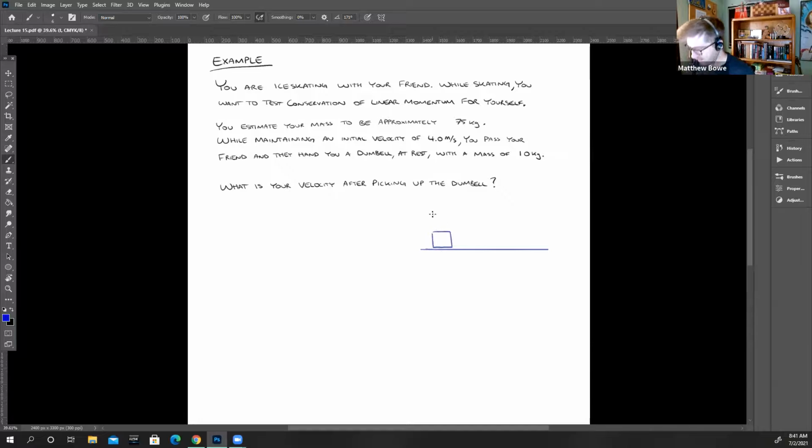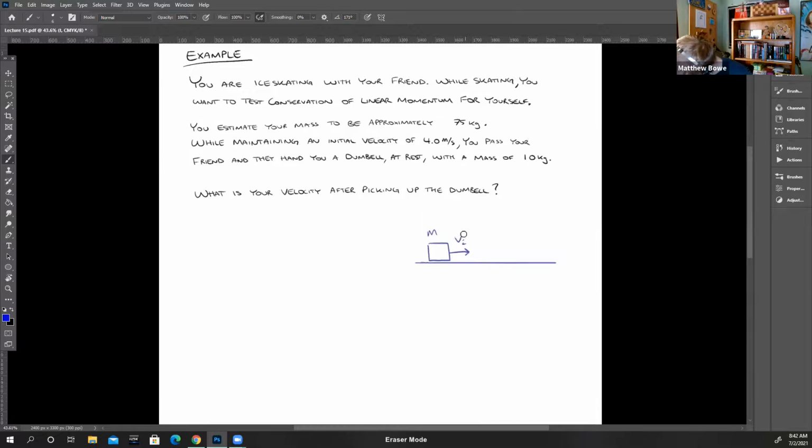So there I am, a square block, sliding on some ice with a constant velocity. And there's my mass. I'll label all of this.